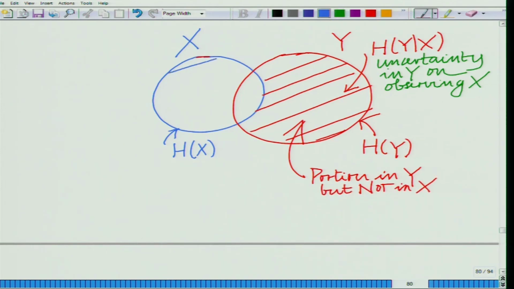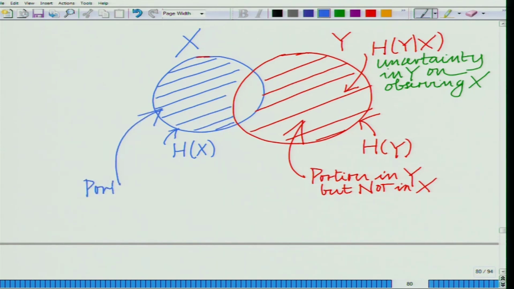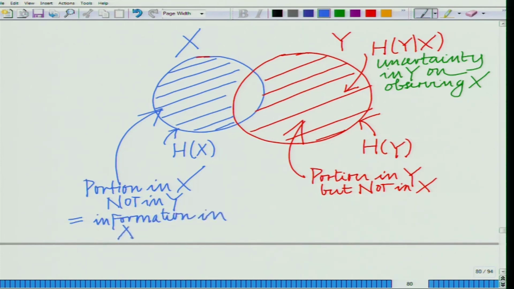Similarly, the portion in x but not in y is the information in x on observing y, or uncertainty. So, the portion in x is the information in x given y, or uncertainty in x on observing y.